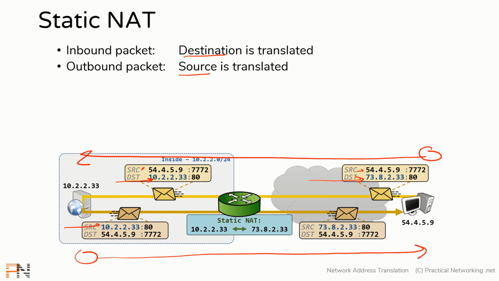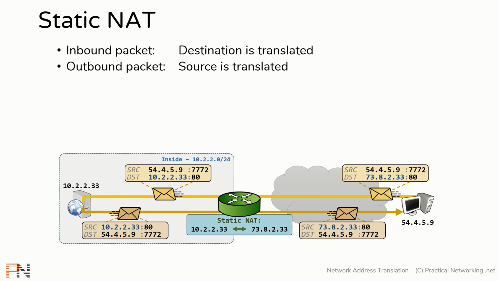Notice on the outbound packet, what translated was the source IP. We didn't touch the destination. Generally, this is what you will see with NAT. With NAT, you're mostly concerned with what your devices are sending outbound. Therefore, on the outbound side, you translate the source, and then when the response comes back, you translate the destination. Keep this in mind because the majority of the NATs we're going to be discussing are going to do this exact same thing.